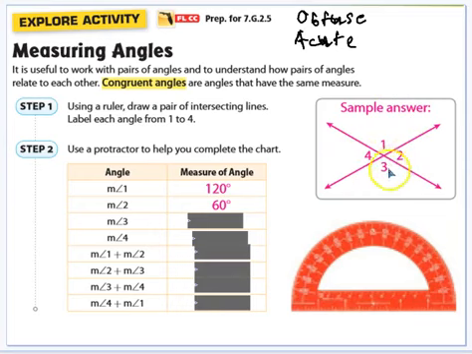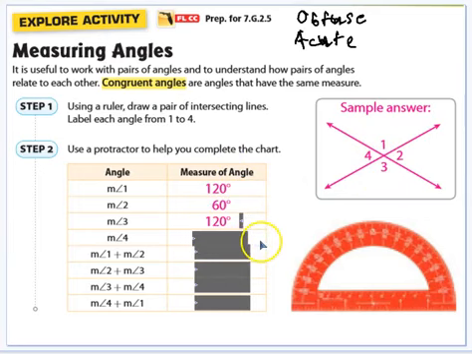Just by looking at it, 1 and 3 look a lot alike. So I'm going to guess it's the same. I'm going to say angle 3 is 120.